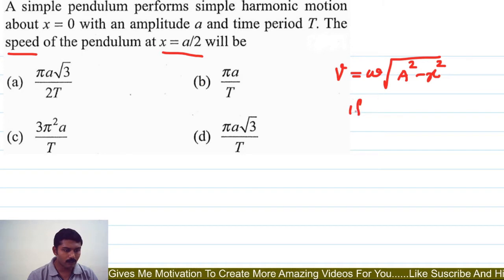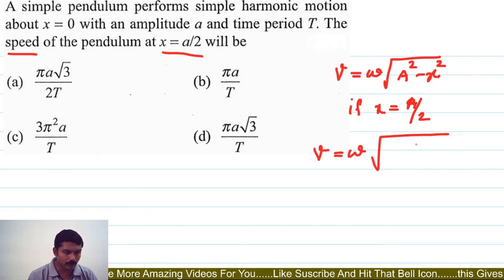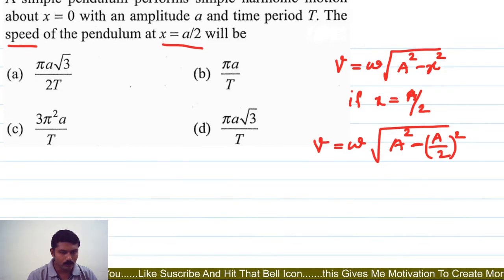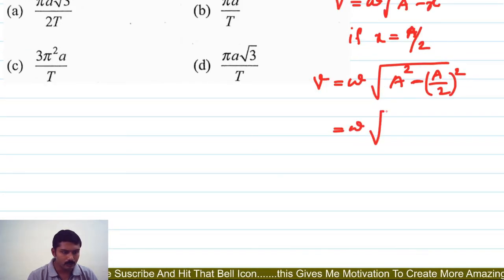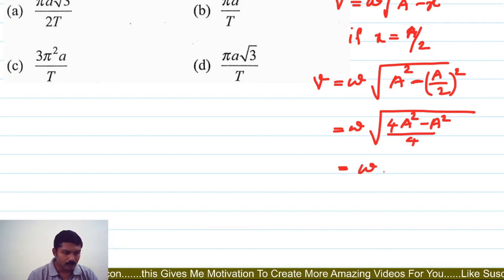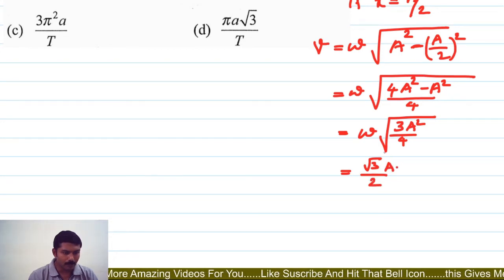So if x is equal to a by 2, the velocity v equals omega into the square root of a square minus (a by 2) the whole square. So you get omega into the square root of (4a square minus a square) divided by 4, which is omega into the square root of 3a square divided by 4, equal to root 3 divided by 2 times a multiplied by omega.